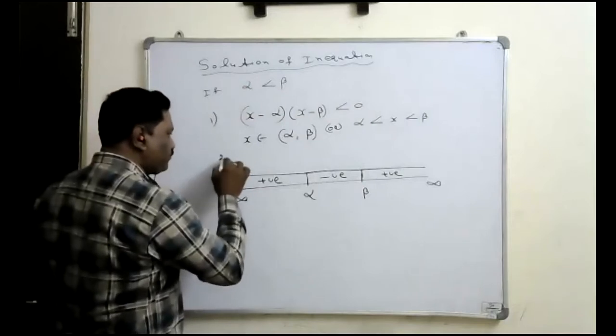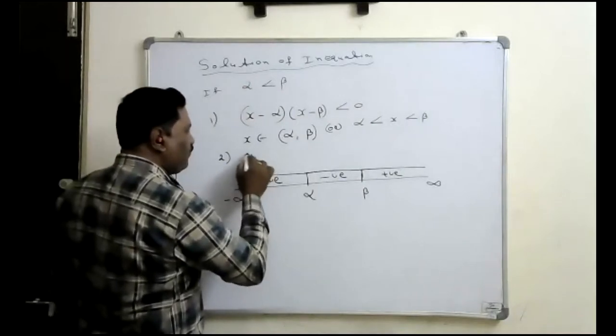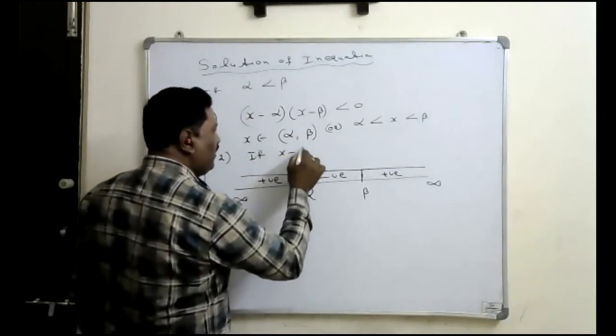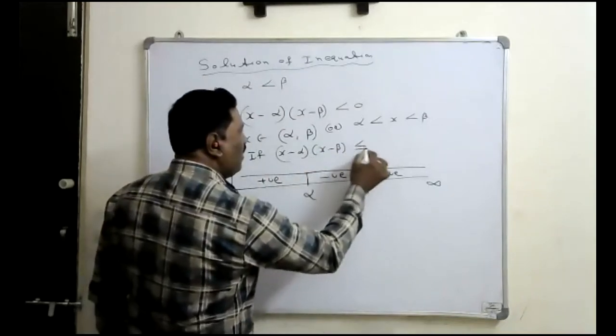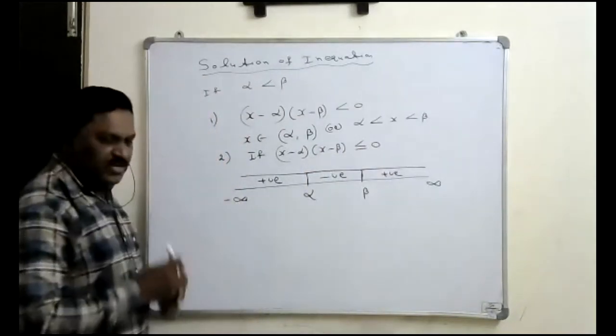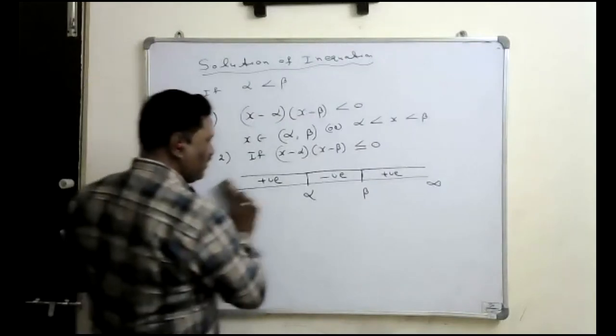Second point, suppose if x minus alpha into x minus beta is less than or equal to 0. If equal to 0 is there, so this I will write on the side.